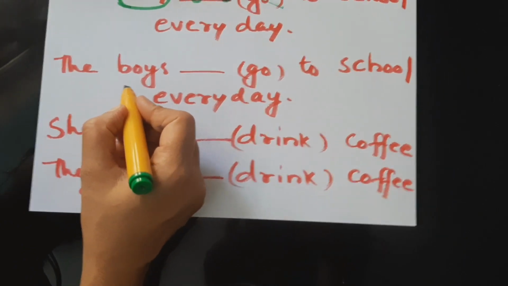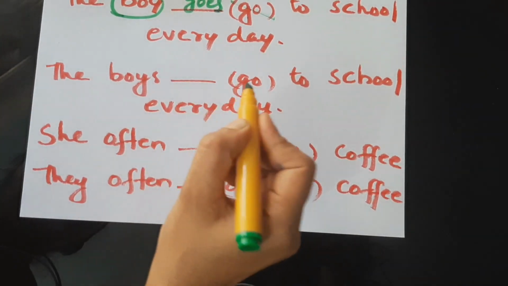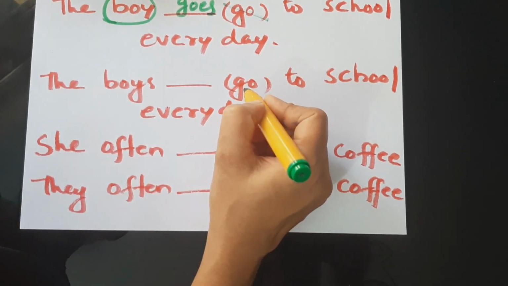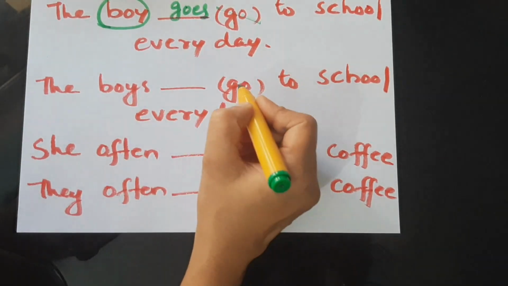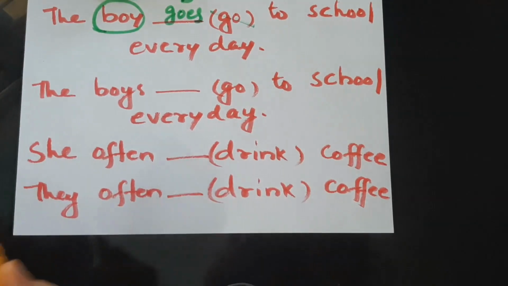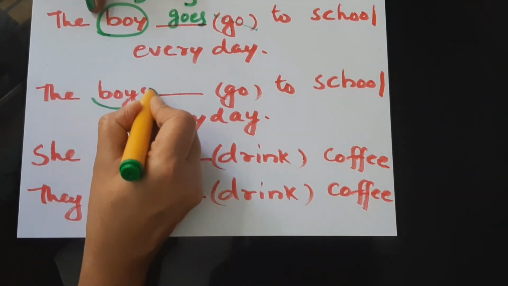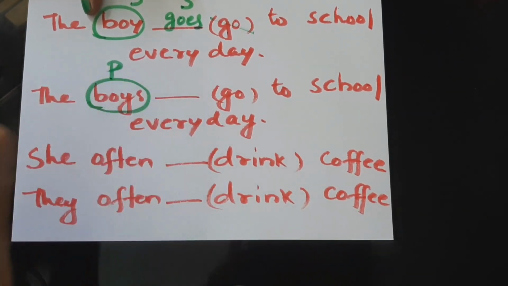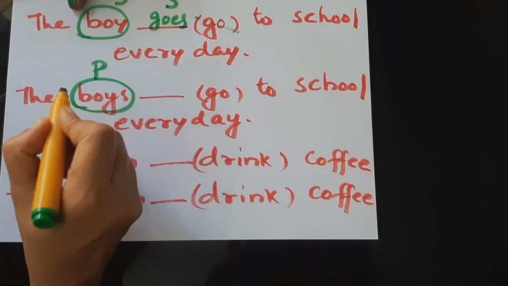Just take this sentence. The boys go. Go is the verb given here. You have to write the correct form of the verb here. The boys go to school every day. See, here the subject is boys, in its plural form. So the verb should also be in its plural form.